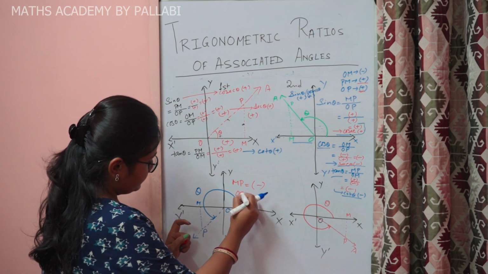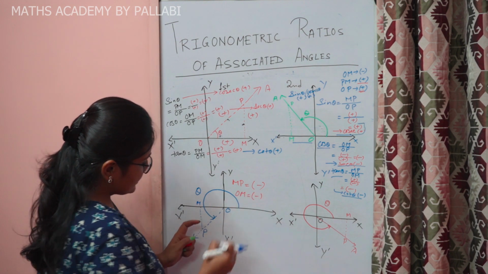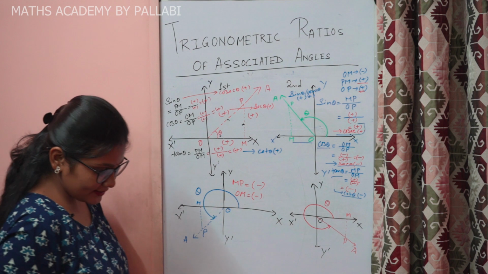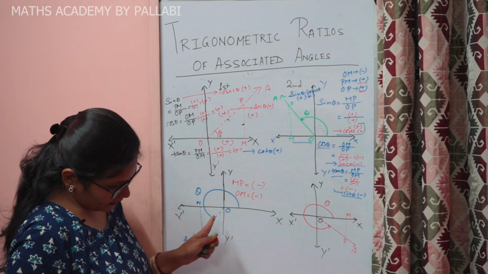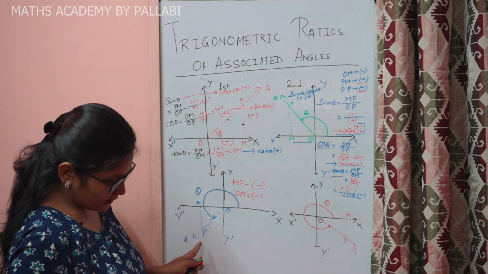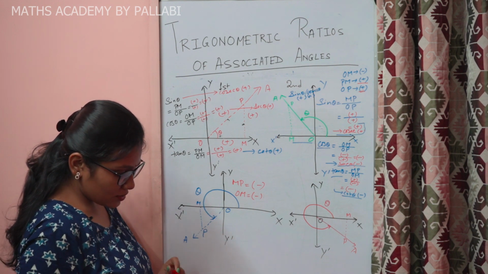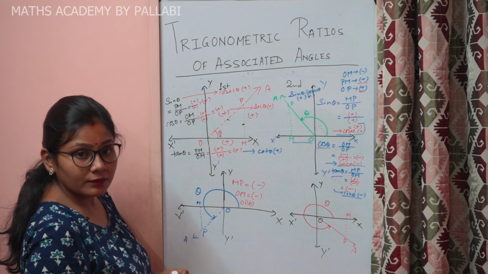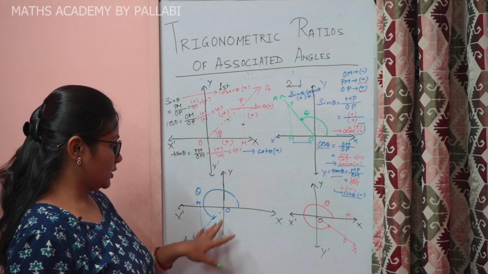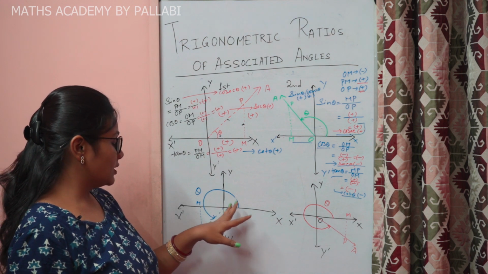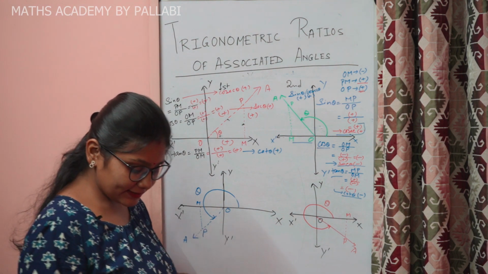OM is also negative because it is the left hand side part of the x axis. And OP is positive.